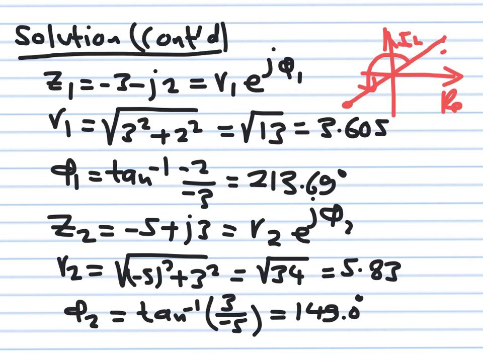Why? Because your calculator will see this as minus 0.6, and then it's going to give you an angle which is negative. Okay, so this is real, this is imaginary. It will tell you the angle is here, it's minus 31 degrees. But for this angle, as you can see, the real part is positive while the imaginary part is negative. But this is not what we have here.